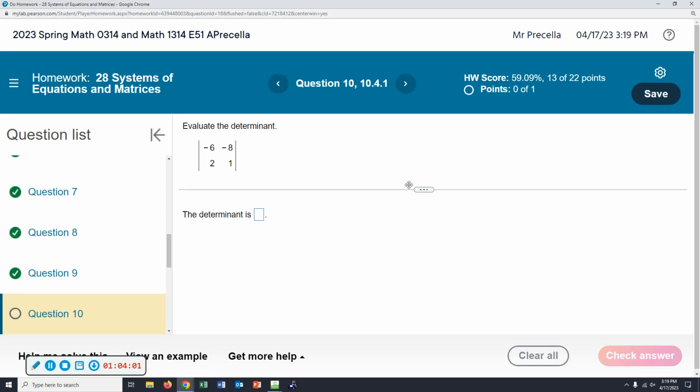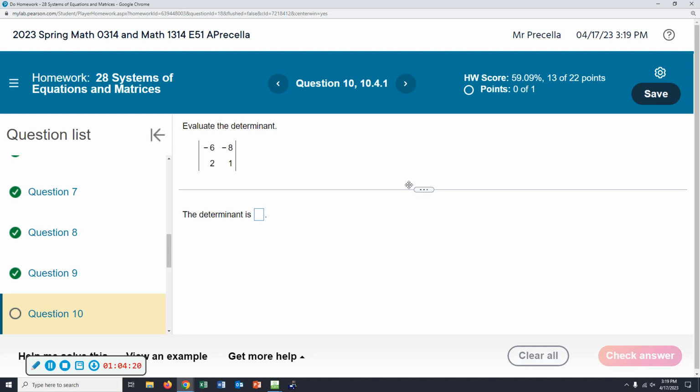Okay? Let me write down problem 10 and then we'll demonstrate this one. Find the determinant of negative 6, negative 8, 2, 1.